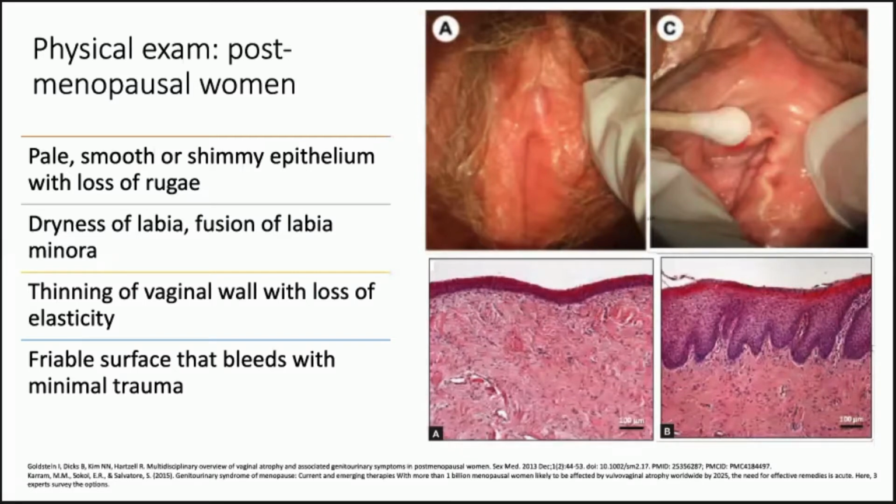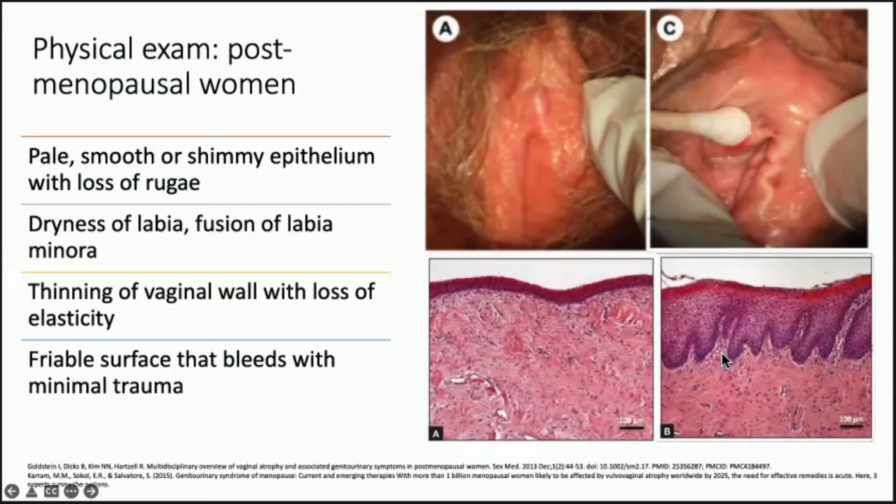On the bottom left here, we can see histological slides of vaginal mucosa where there is a marked thinning of the epithelium in the context of vaginal atrophy. And on the right-hand side here, we do have a photo of what a normal epithelium looks like.